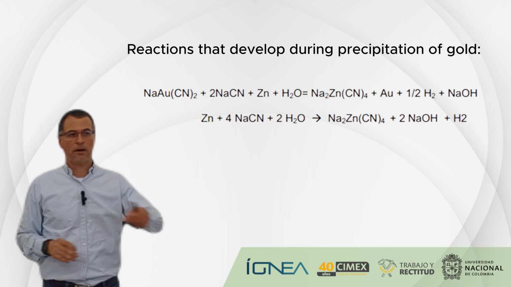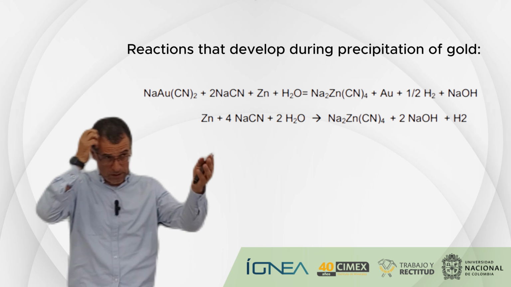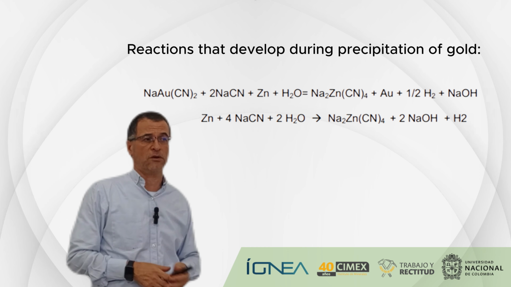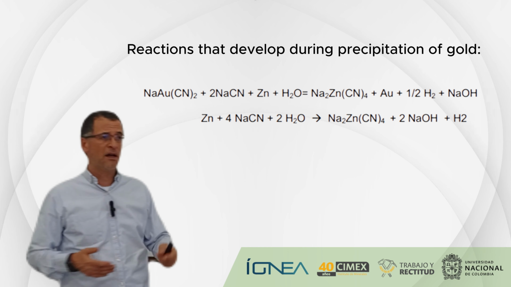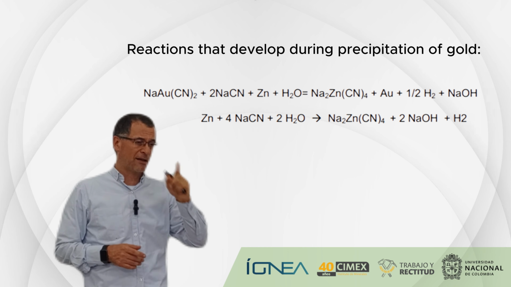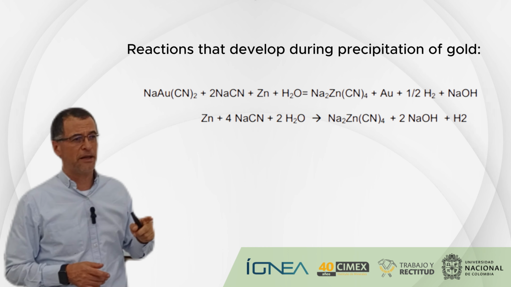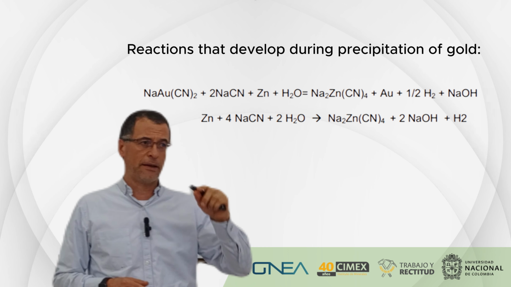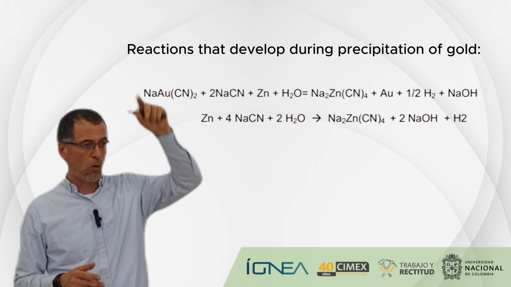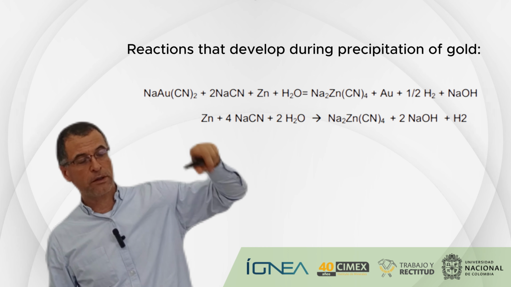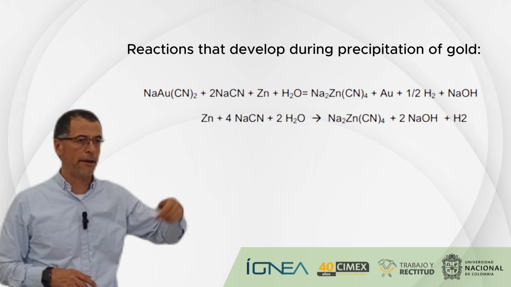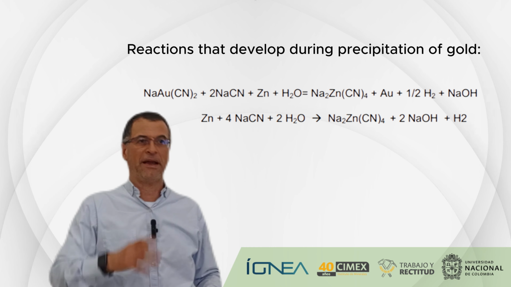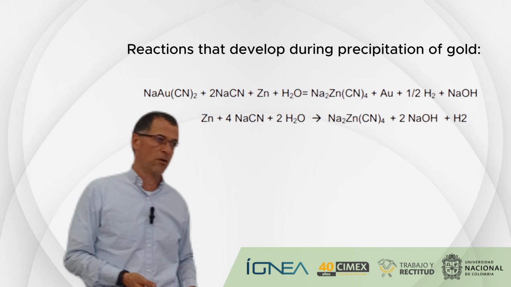Here we have a flow sheet of the cementation of the gold with zinc. It's important to have the vacuum tower, to avoid the presence of oxygen, and to increase the behavior of the zinc to obtain the gold.